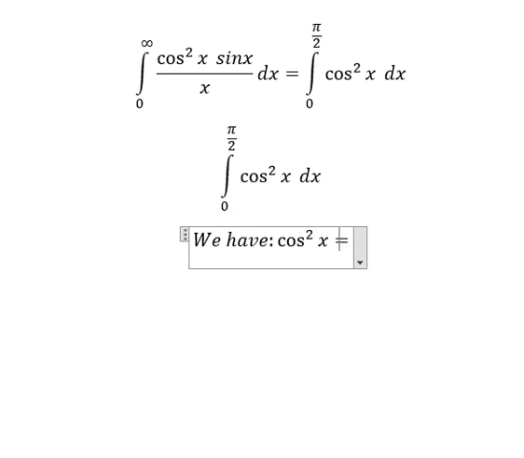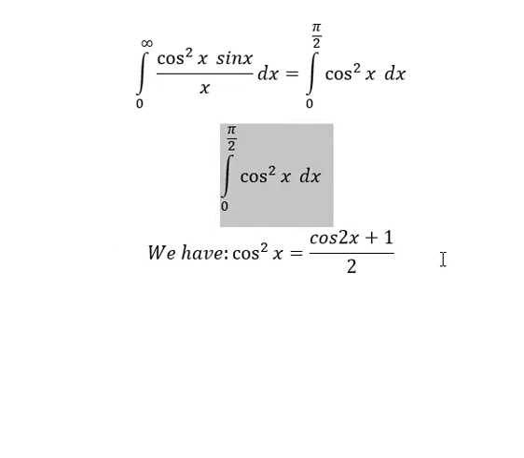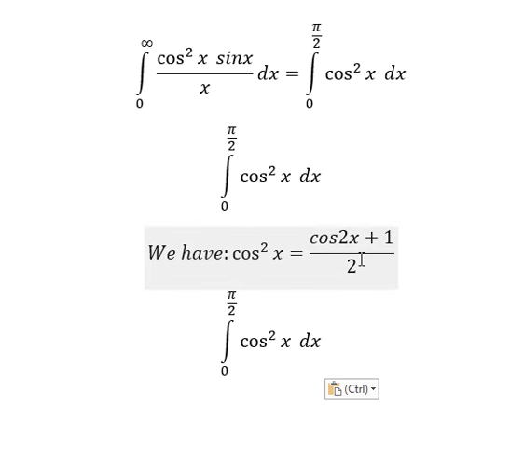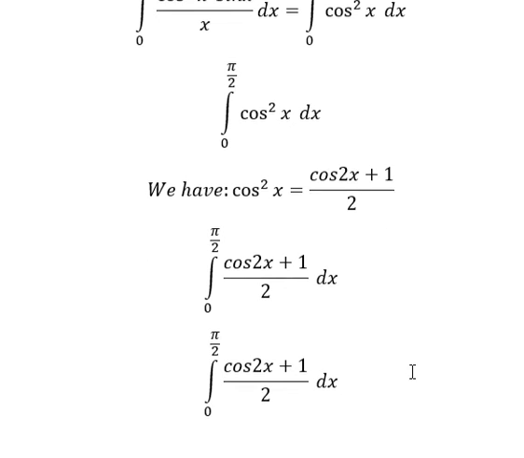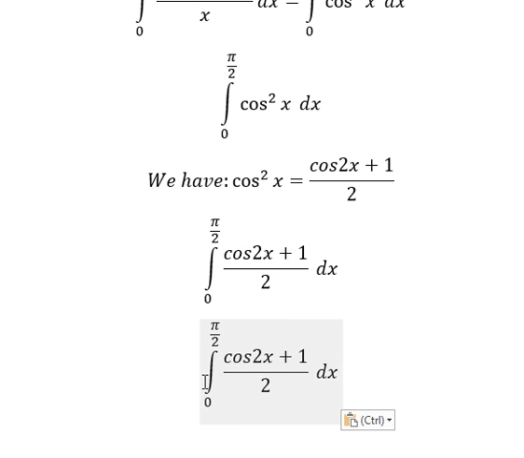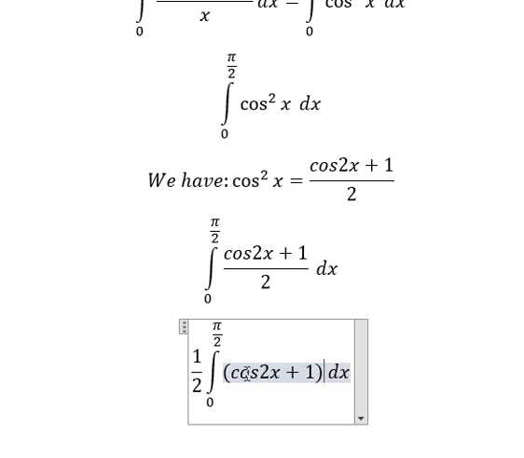Cosine s squared equals cosine 2s plus 1 over 2. So I will put this one in here, and the 2 I will put outside, and we have cosine 2s plus 1.